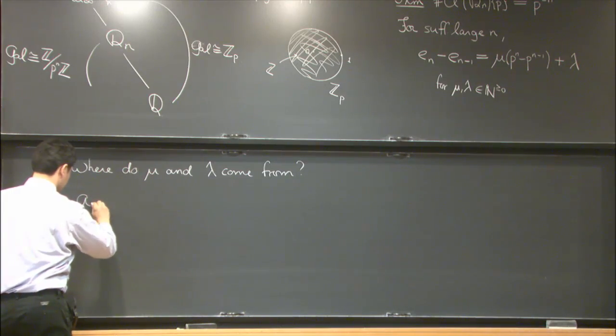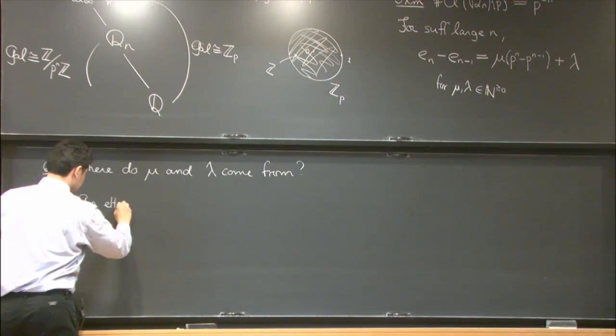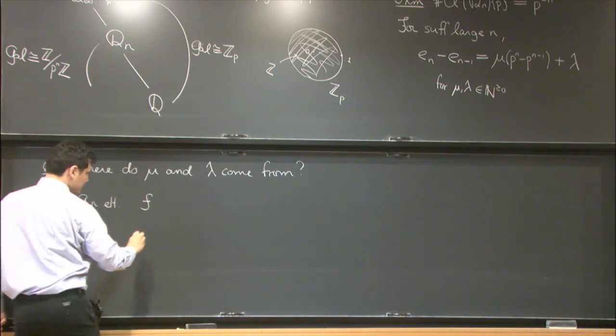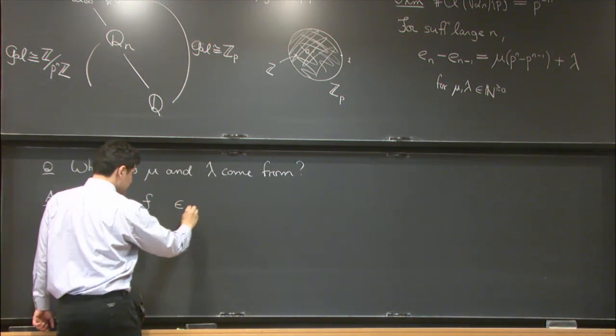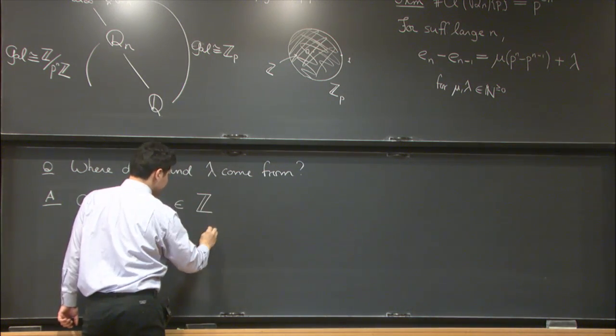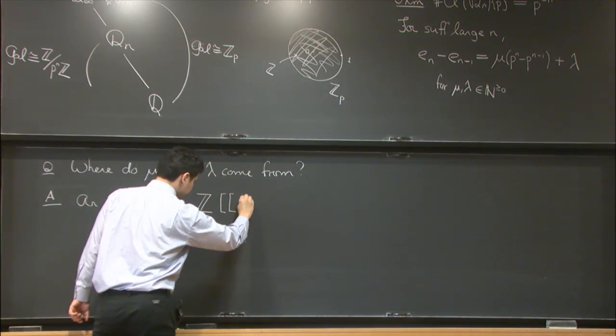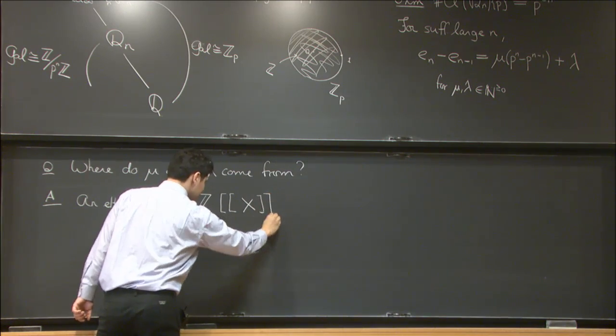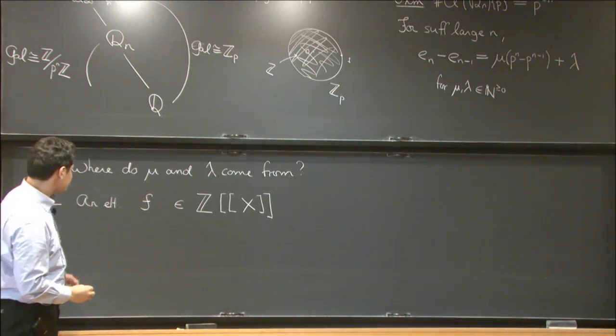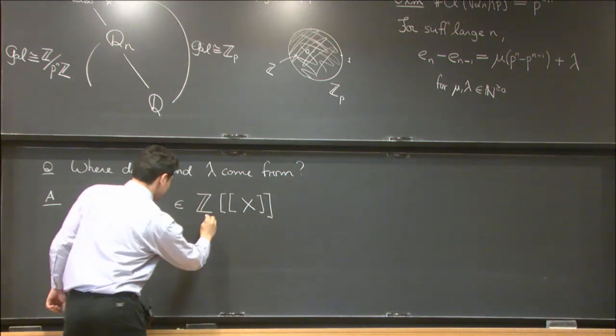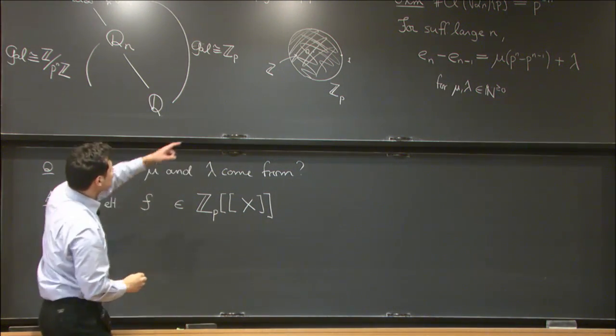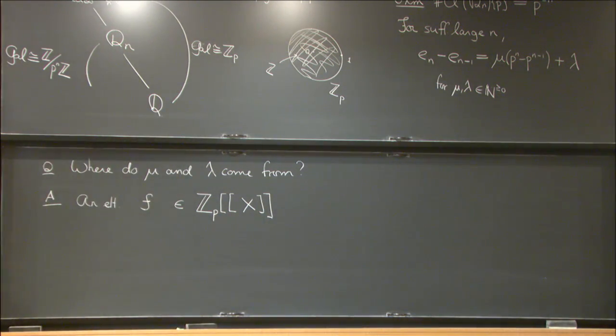Well, the answer to this question is that they come from a power series. So an element f inside a power series in one variable, where the coefficient ring of this power series is, again, this slightly weird group Z_p.